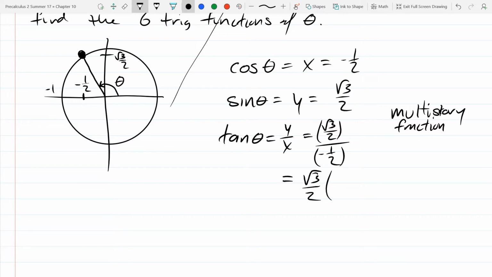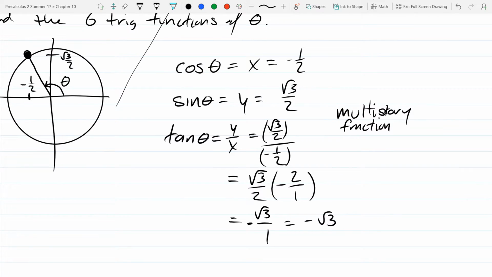The reciprocal of 1/2 is negative 2/1, and multiply that out. 2 cancels the 2, except there is still a negative. So we can just write this as negative square root 3. So when you have a multi-story fraction, you multiply by the reciprocal of the denominator.